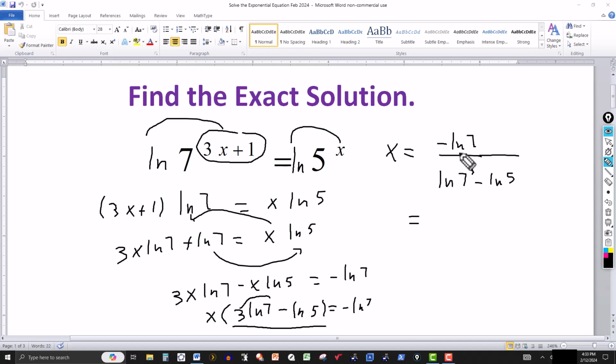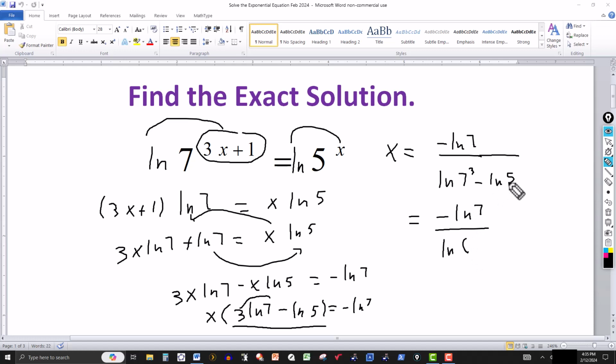Now if you were going to give an approximation, you could go ahead and just do the calculation here and get the answer. But from here I can rewrite this as minus ln of 7. And here I have the difference of two logs, so I can write this as the natural log of 7 to the third over 5.